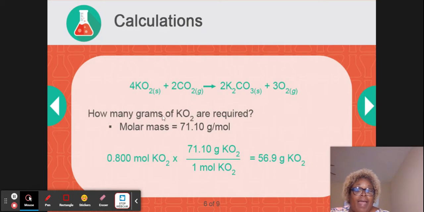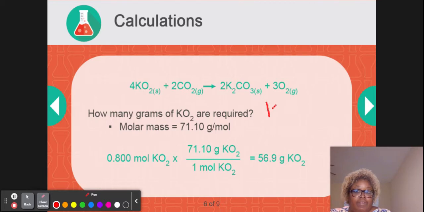Now we want to know how many grams of KO2 are required. According to the periodic table, we can use the mass of potassium plus 2 times the mass of oxygen in order to get the molar mass.